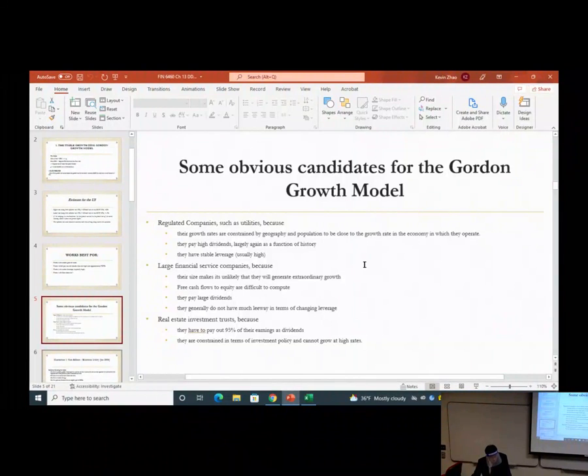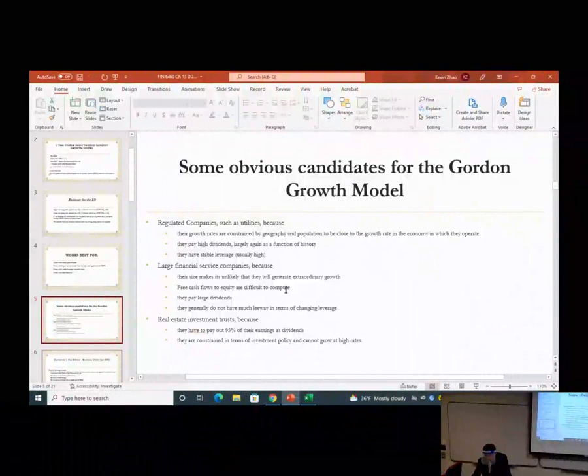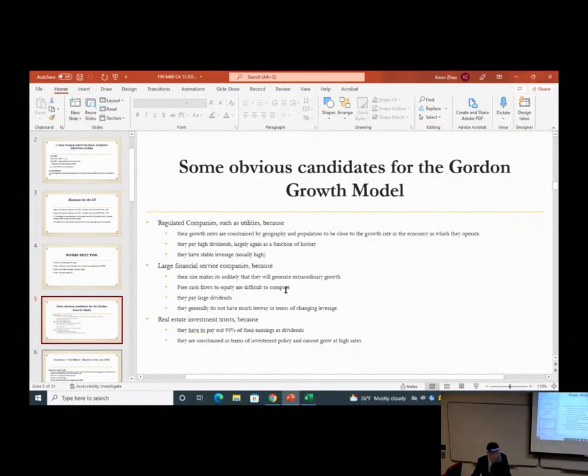It's a local monopoly, they don't grow. And they have stable leverage, stable dividend. That's one good candidate. And the second candidate is large financial companies, like Bank of America, JP Morgan, and so on and so forth. And the third one is the real estate investment trust.